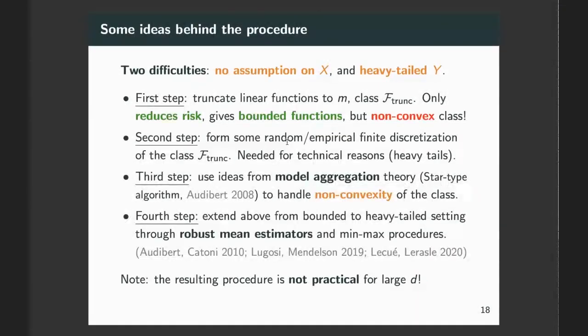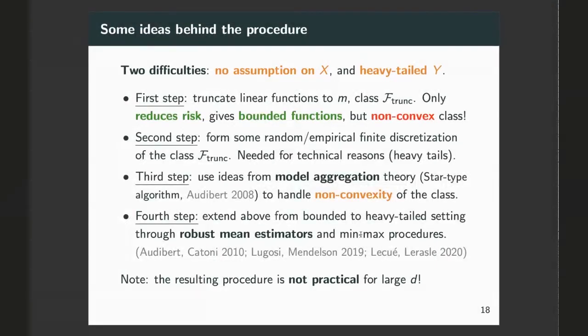The second step already is bad from a computational perspective because we discretize the set of all truncated linear functions by a finite discretization. But the number of functions in this finite approximation is exponential in D, of the order of n to the power of D. So this is already bad.